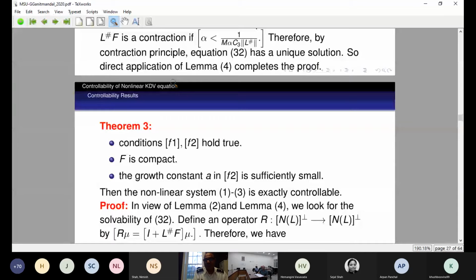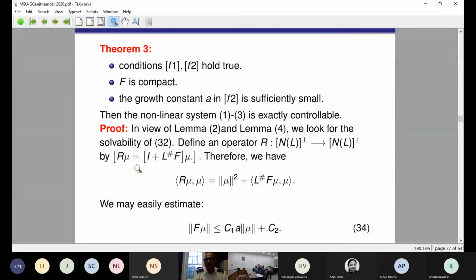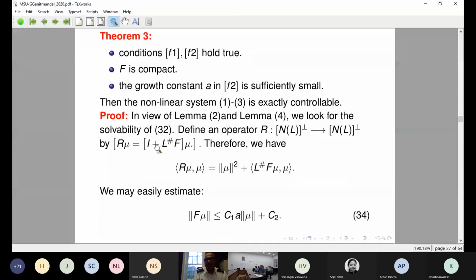If you want to drop this, that's fine, because we already proved the existence, I mean to say exact controllability. This is another way of approaching the exact controllability of the given KdV equation. So I define the operator R from NL part to NL part such that R nu equals nu plus L has F nu. If you take the inner product, you are going to get this.